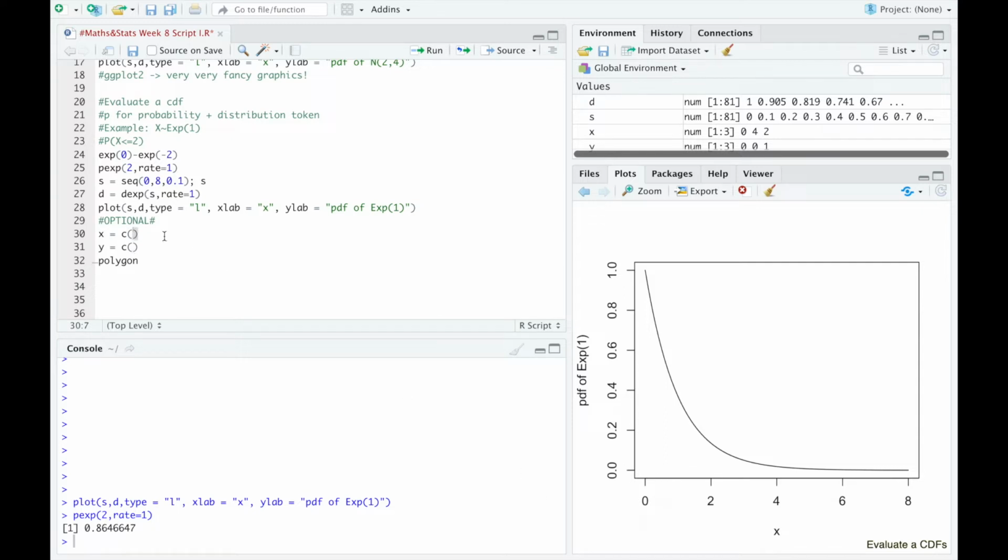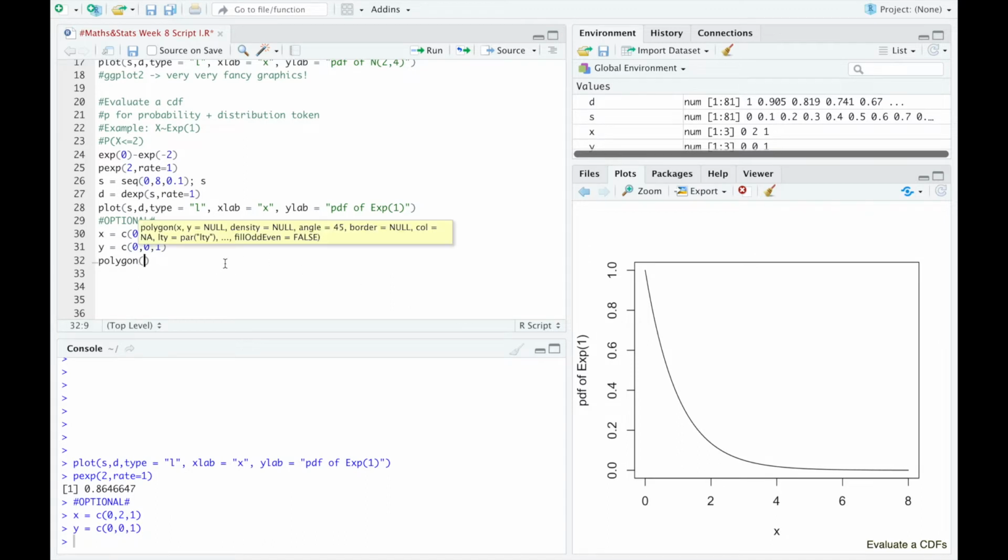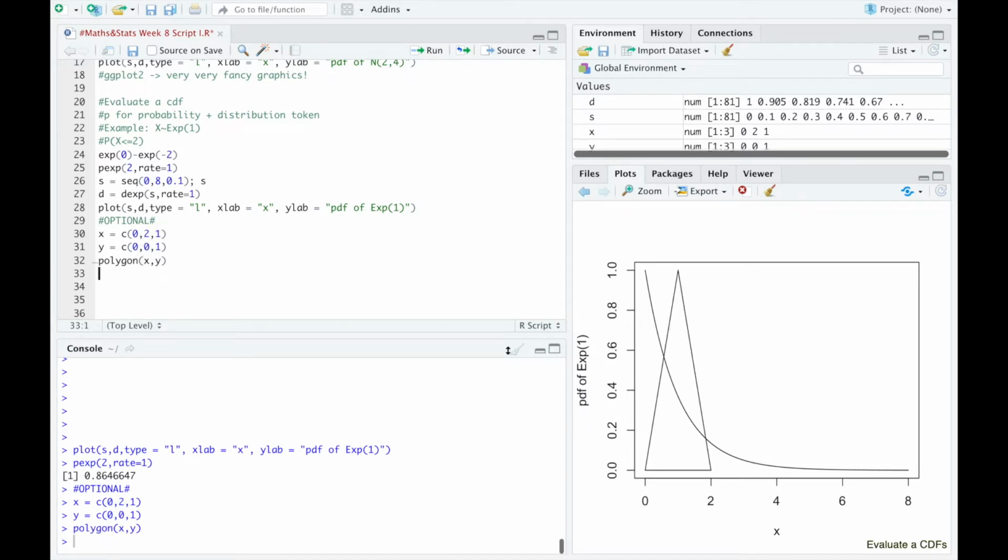The first point is 0, 0. The second point is 2, 0. And the third point is 1, 1. x, y. Now, if I use the function polygon(x, y), I will have the triangle.